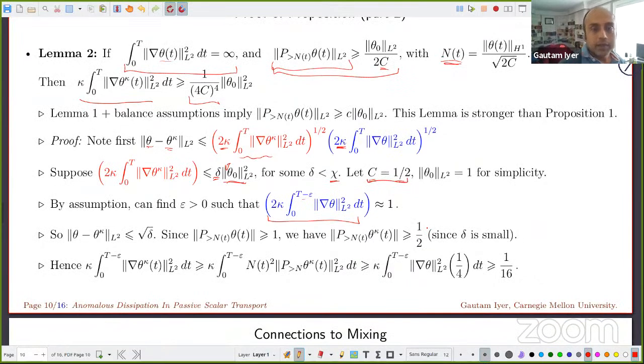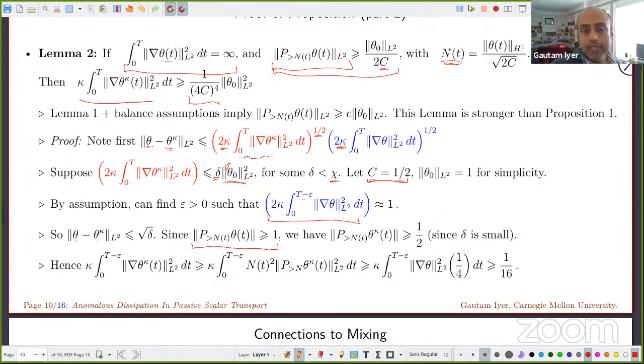I called the red factor, which is the integral in time of the H1 norm of the diffusive scalar square, delta. So now there's this extra square root here. If I can make the second factor roughly 1, the difference in L2 norm between theta and theta kappa is roughly square root delta. So by my assumptions and normalizations, the amount of energy I have in L2 in the high Fourier modes is order 1.